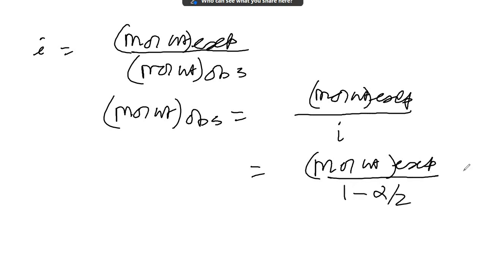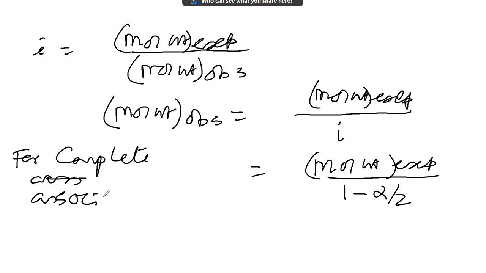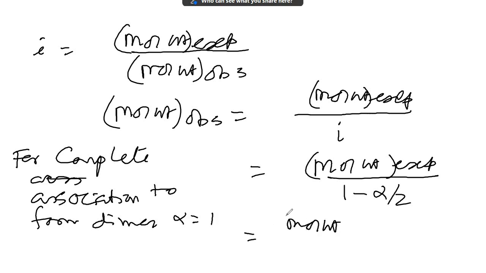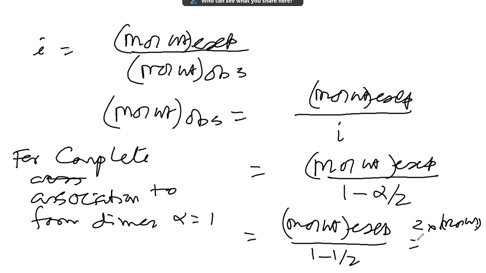If it undergoes complete association to form a dimer, alpha is equal to 1. So in this case molecular weight expected by 1 minus 1 by 2, that is half, is equal to 2 into expected, is equal to 2 into 60, that is 120.